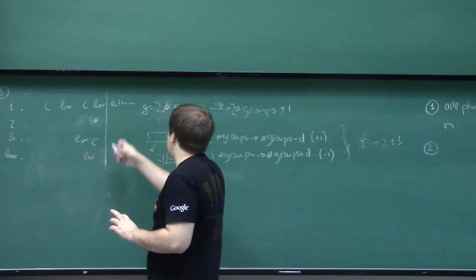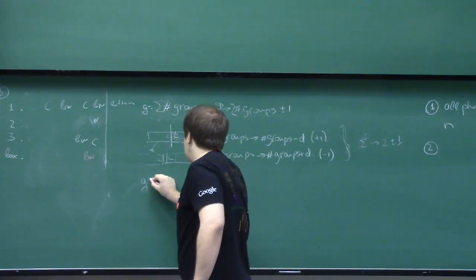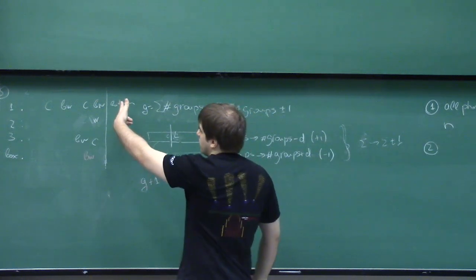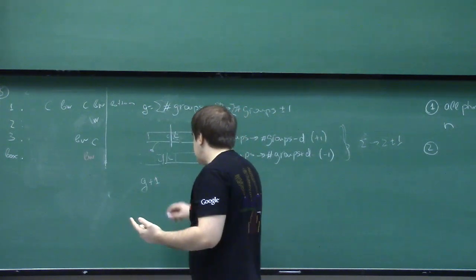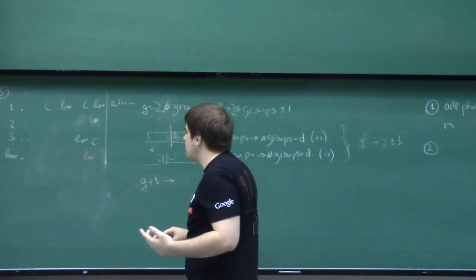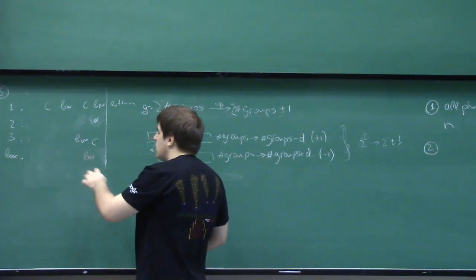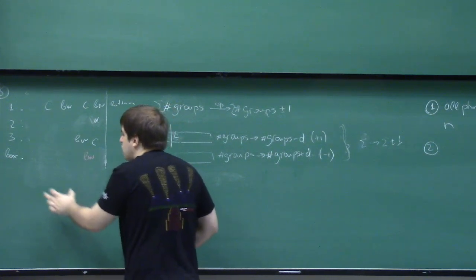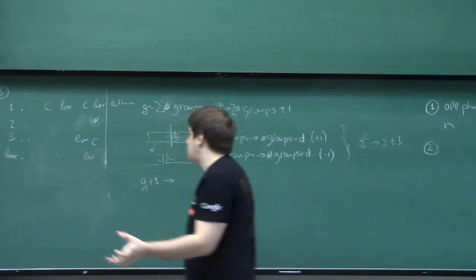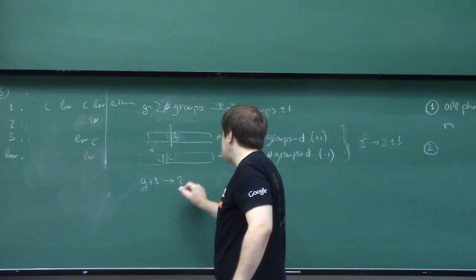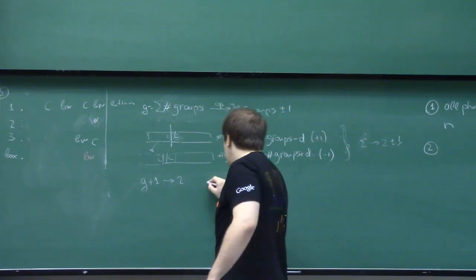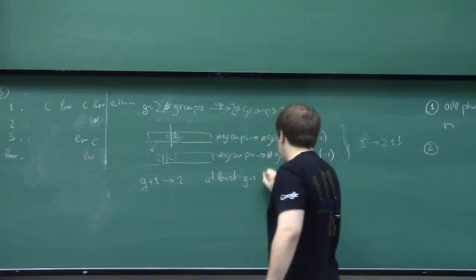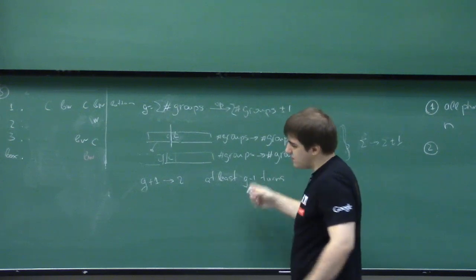In this case, originally, you have G+1 groups, where G is the number of groups in the input, and you have to transform it to exactly two groups, the group of black and white photos and the group of colored photos that we have here. This means that we have to perform at least G-1 turns. Okay, now it works.